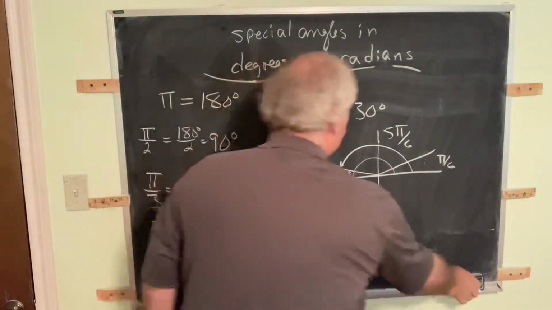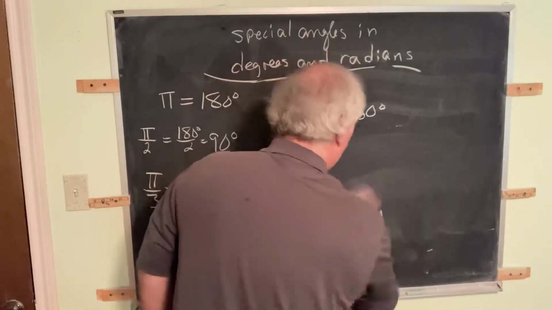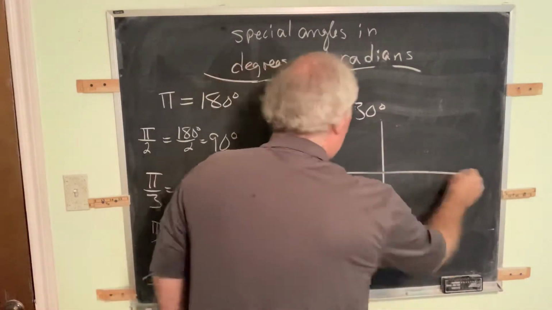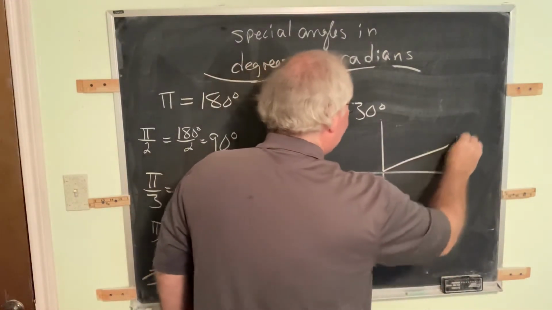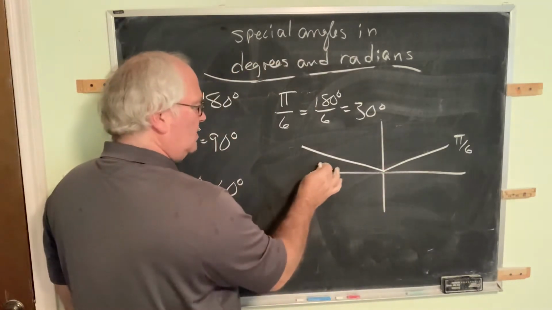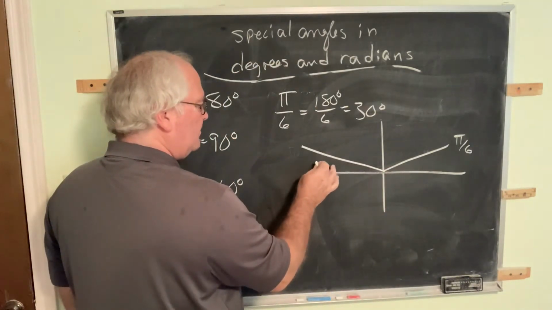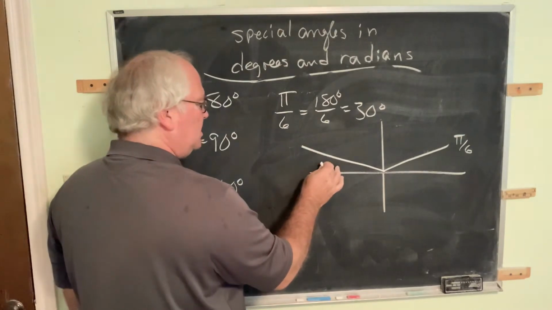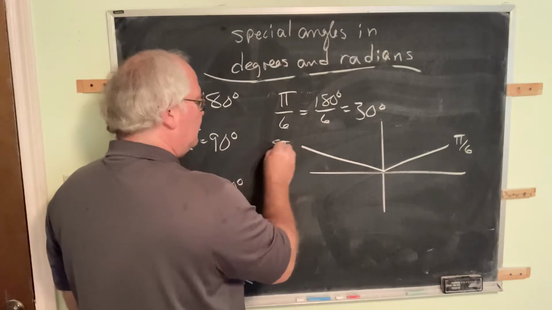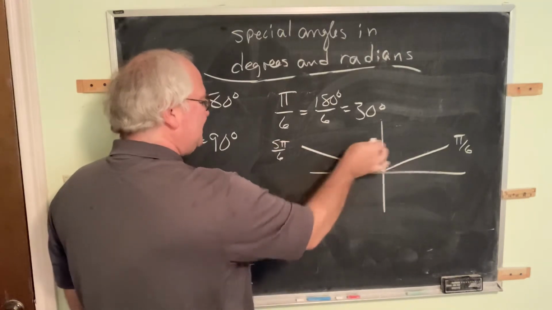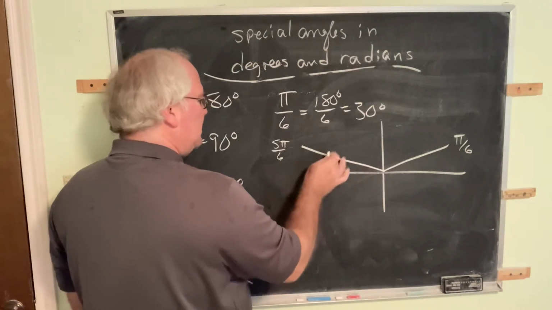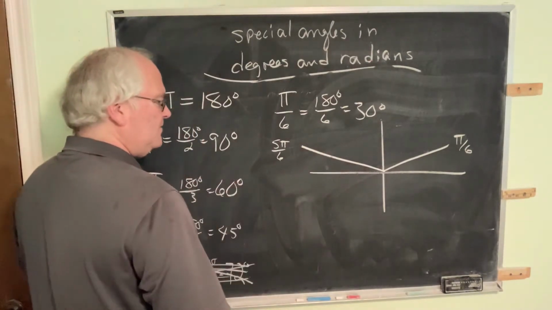All right? So let's kind of clean the picture up a little bit. In quadrant 1, this is pi over 6. If I have a pi over 6 reference angle in quadrant 2, then this is 5 pi over 6 because it's 6/6, subtract off 1/6, 6/6 minus 1/6 is 5/6.